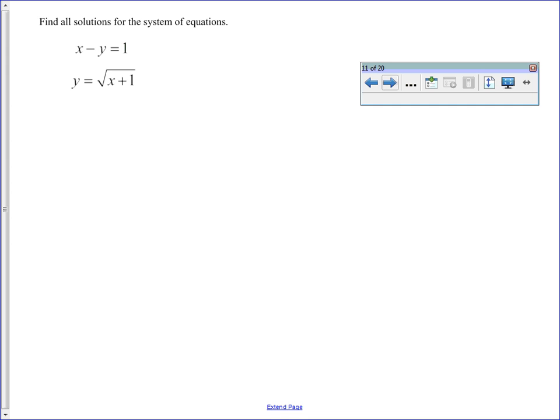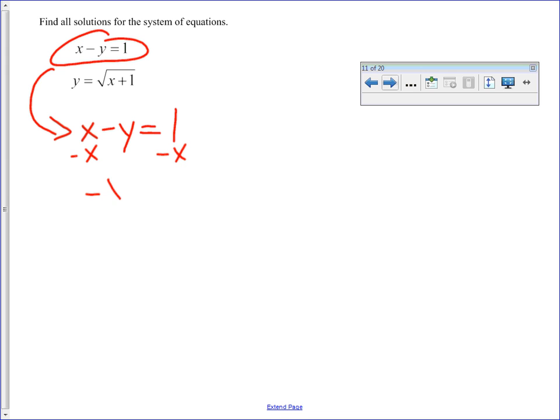All right, same thing here. Now, this one's a little trickier because we can still do it using the graphing calculator, but this equation is not solved for y. So in order to solve it for y, I'm going to subtract x from both sides, and I'll get -y equals -x plus 1.